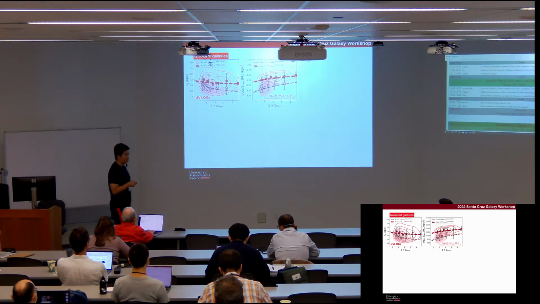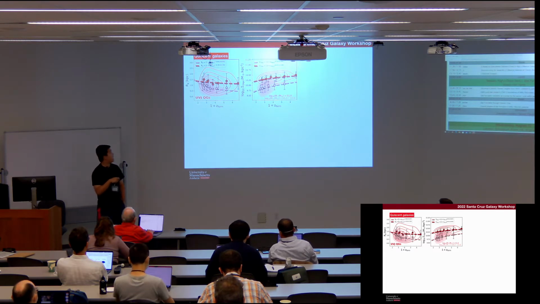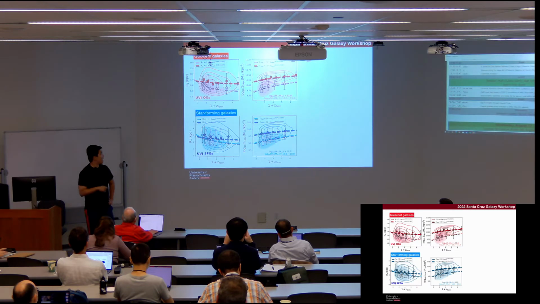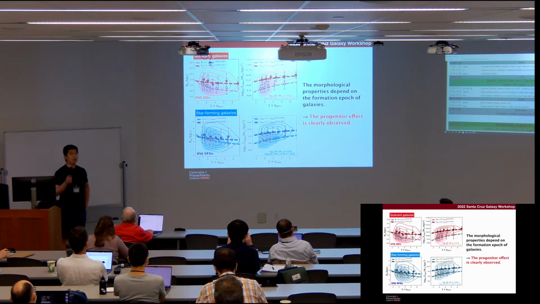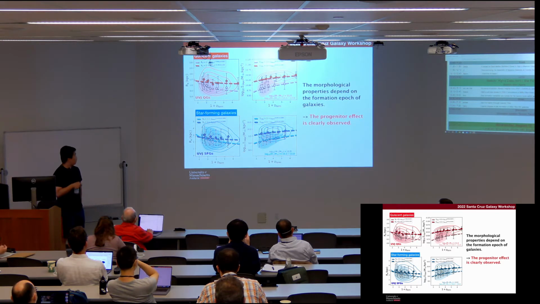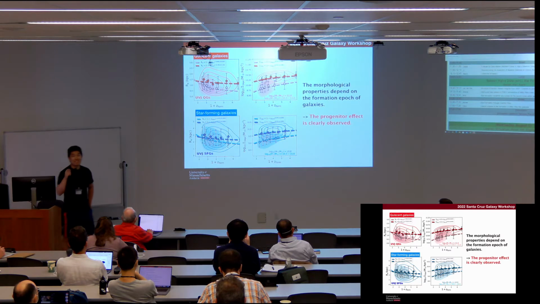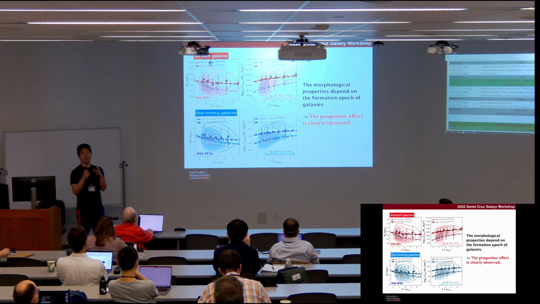The first thing I'm showing you is the relationship between R_e versus z_form and sigma_1 versus z_form, for quiescent galaxies and for star-forming galaxies. One thing you notice is that the structural properties of galaxies depend on z_form. Galaxies with larger z_form, meaning they formed earlier, tend to have smaller sizes and larger sigma_1. This is a progenitor effect.